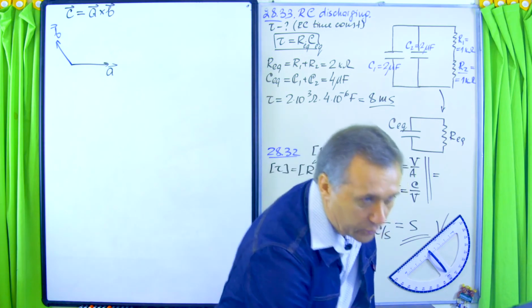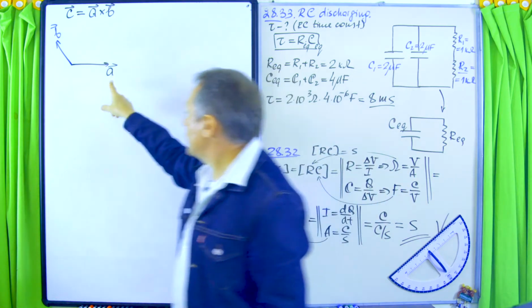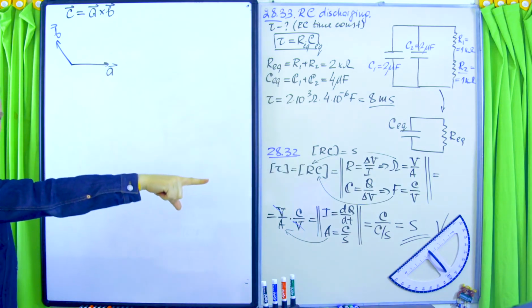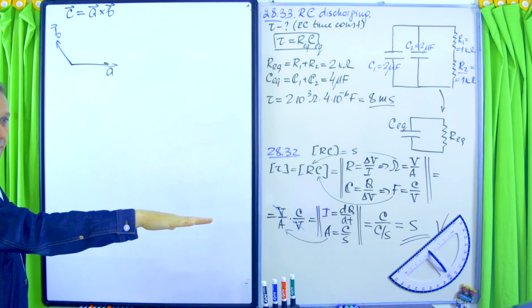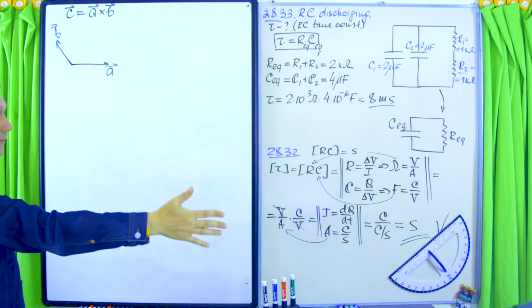All right, now let's apply what I told you. First you need to align your hand along vector A, that way. Then, second step, again, it can be like this, like this, like that. Right now, I just align that way.